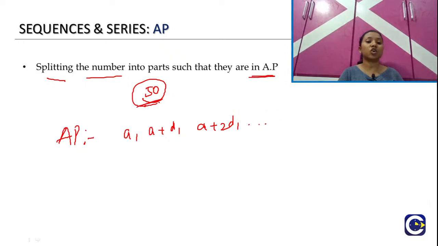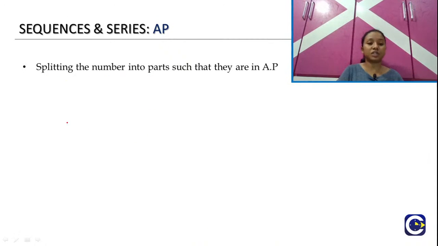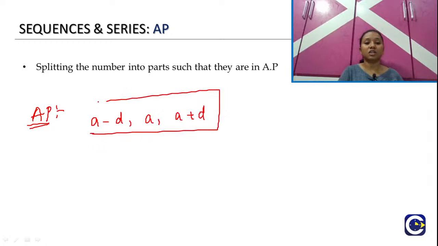But as here we are talking about three terms, in this particular case of splitting the number into three parts, the standard progression we take will be a minus d, a, and a plus d. These will be the three terms.